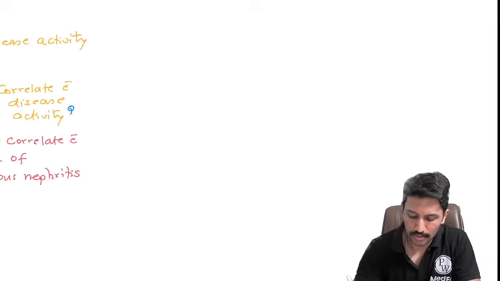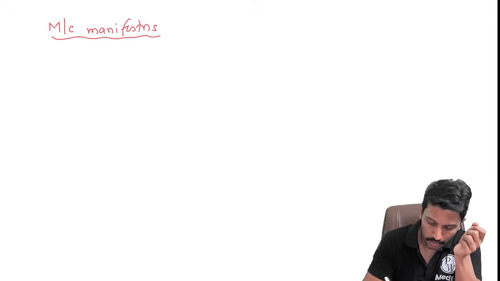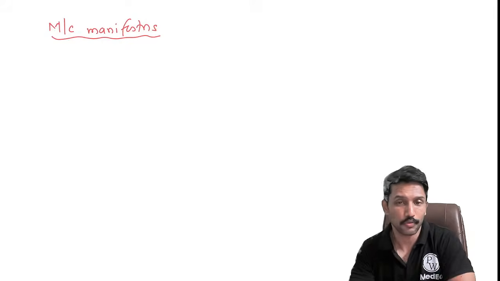What else can they ask on SLE? They can also ask you about the organ manifestations. Most common manifestations, and when we're talking about most common manifestation, it's about individual organs.